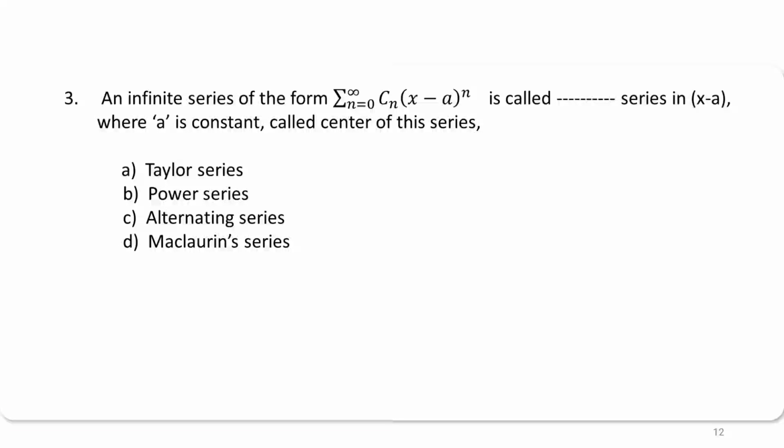An infinite series of the form n equal to 0 to infinity of Cn into x minus a power n is called a dash series in x minus a, where a is a constant called the center of the series.